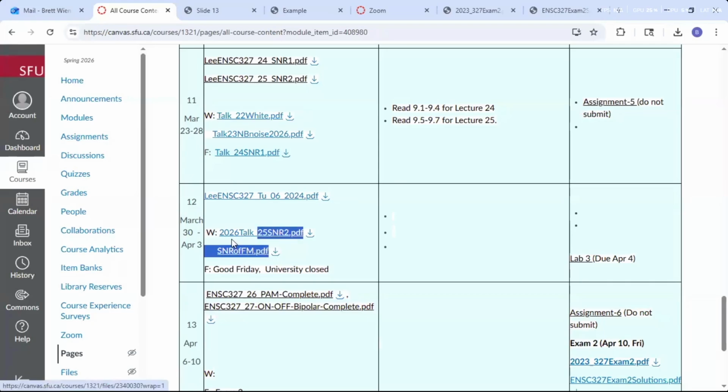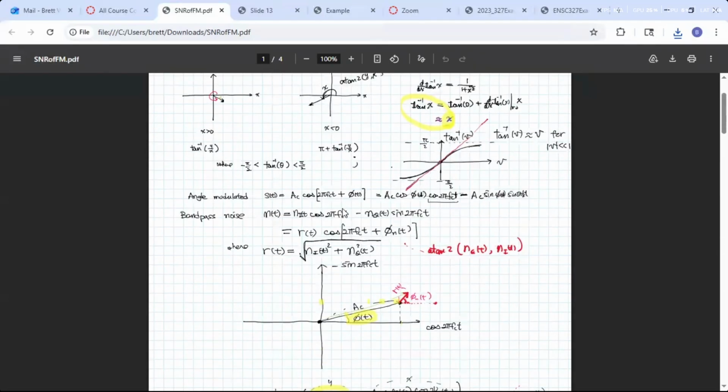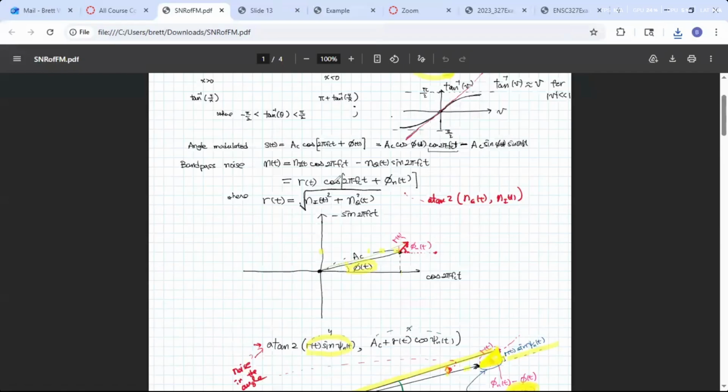So here, there's this slide deck. I don't know if it's quite worth it for you guys to review tomorrow because it's usually not covered and it's pretty in depth, but it does contain the entire derivation of what we had for our FM SNR. It's a bit tricky, right? Because our noise ends up becoming this Rayleigh distributed noise, right?